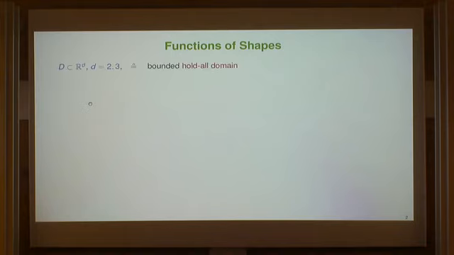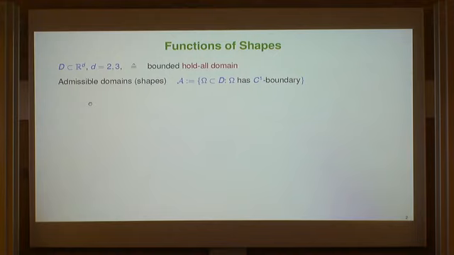So the common setting is the following. Imagine you've got a big ball. It's called a hold-all domain. Everything's going on in there. And then inside you have a set of shapes. Since in the back of my mind I always think of boundary value problems, I call it a set of domains.